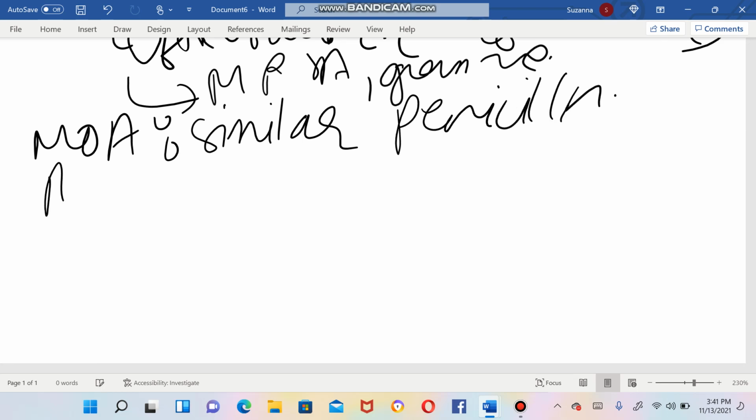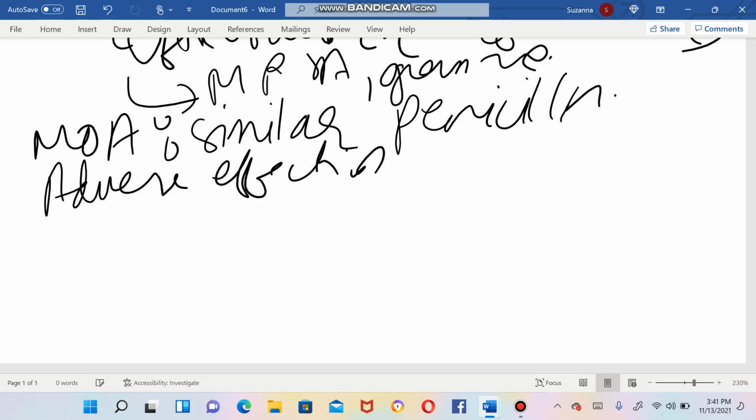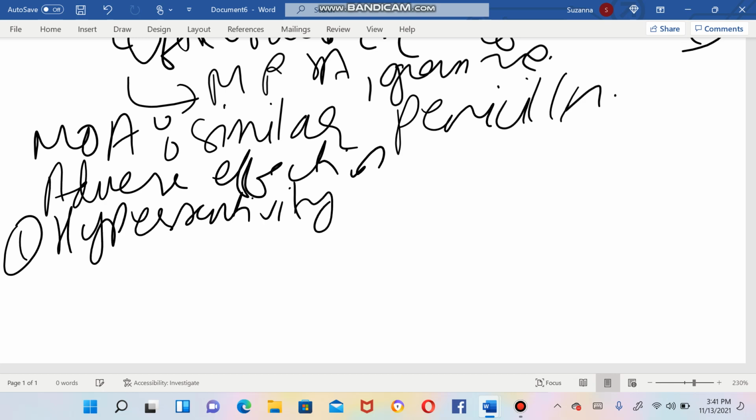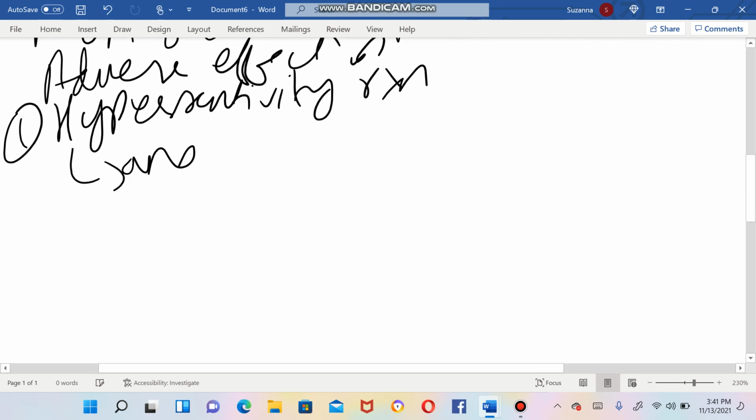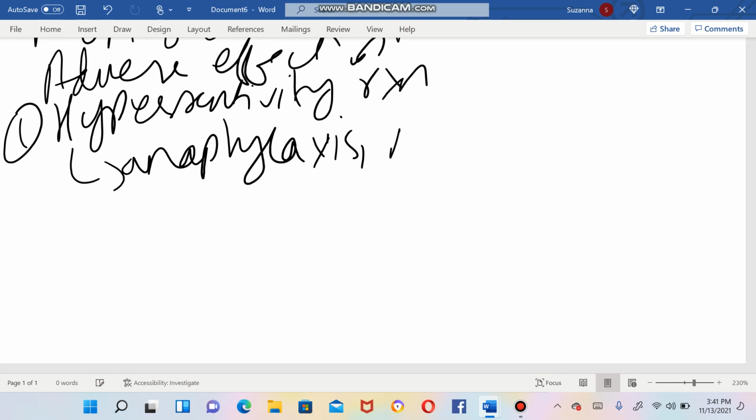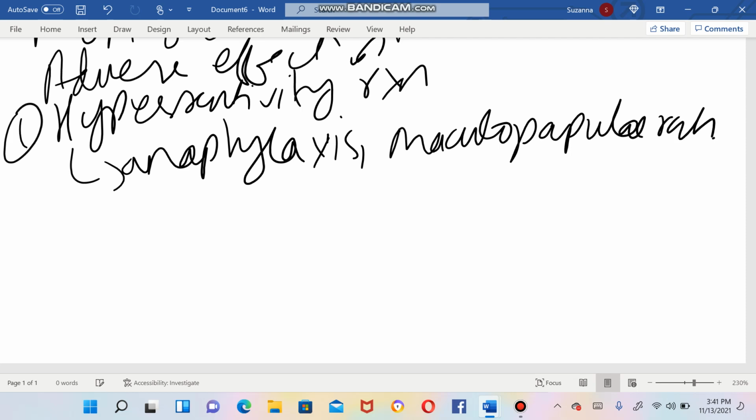Let's move on to adverse effects. The most common adverse effect is hypersensitivity reaction. It causes anaphylaxis, rash, maculopapular rash, fever, arthritis.